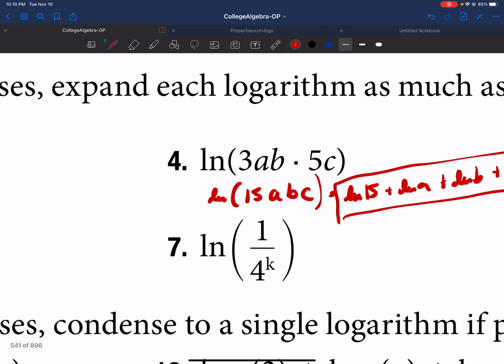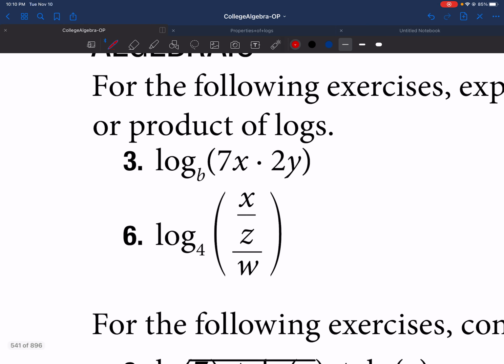If we did something like problem 6 right here, in this, I'm going to think of this as the top part and this as the bottom part. And so, in that case, since this is on top, I should get a log base 4 of x over z minus log base 4 of w.